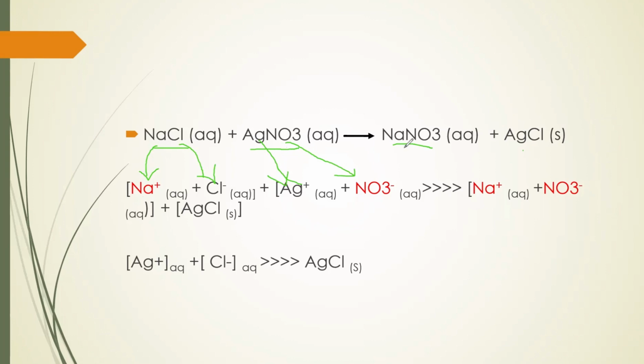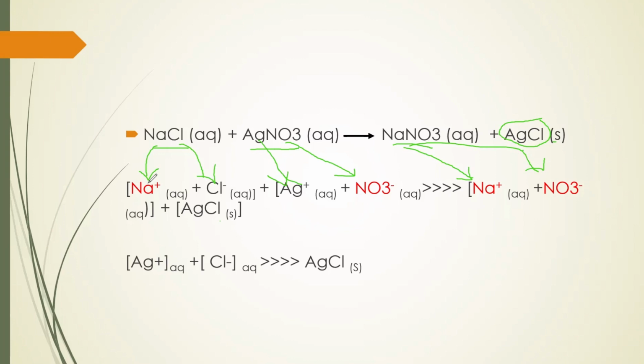These are the reactants. For the products, sodium nitrate will give sodium ion and nitrate ion. And for the AgCl, it's a solid, so you will not get its ions. You write it as a solid because this is a solid precipitate.